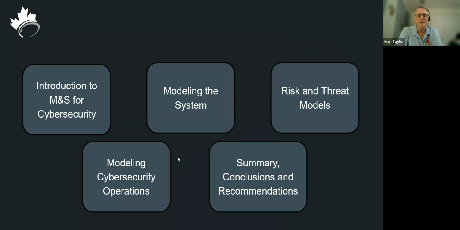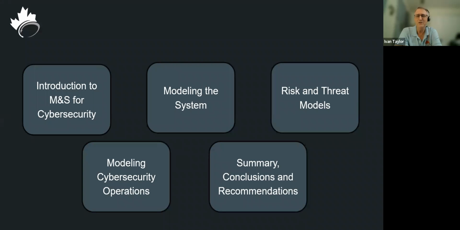As an outline to my presentation today, I want to talk about this introduction to modeling and simulation for cybersecurity, where I'll talk about the reasons for doing modeling and simulation, the uses of modeling and simulation, and the approaches that are used in modeling and simulation. And then we'll get into our approach for modeling and simulation of cybersecurity. Our approach begins with modeling the system and then with a focus on the value delivery that's provided by the system.